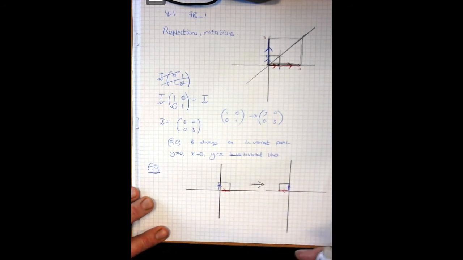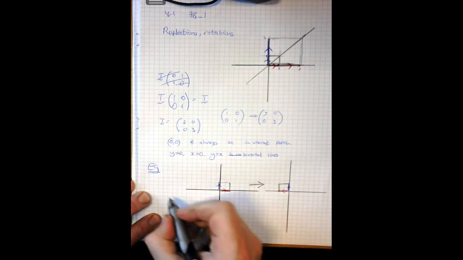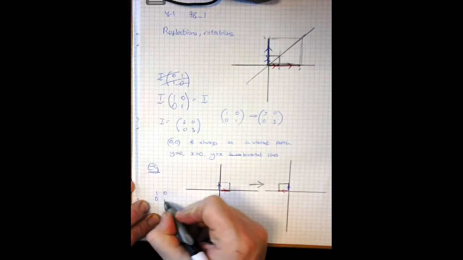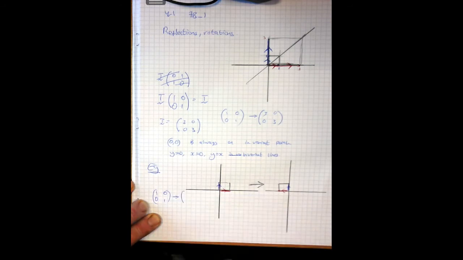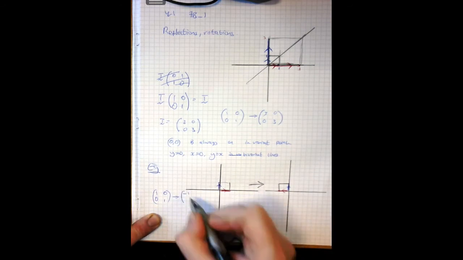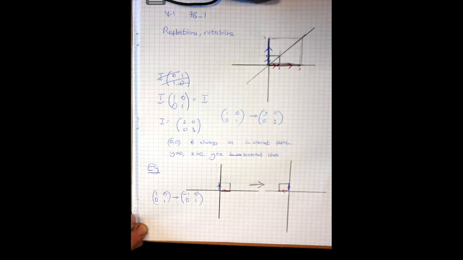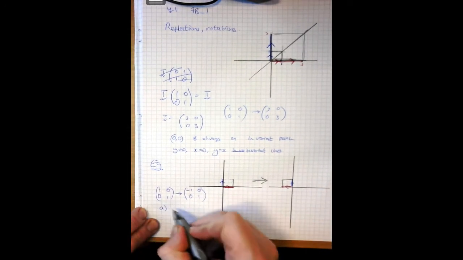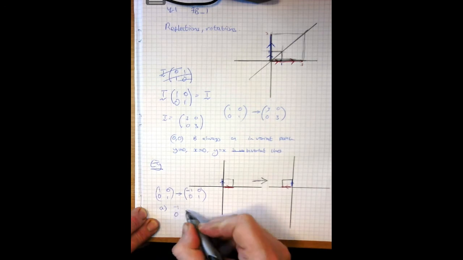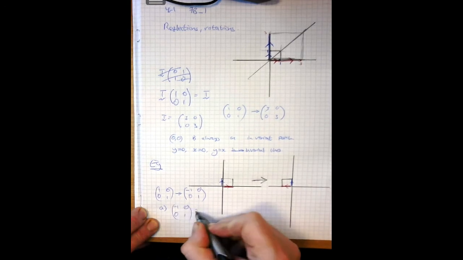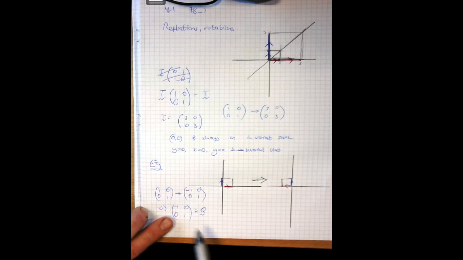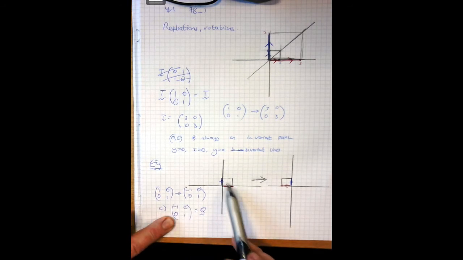So 1, 0, 0, 1 has transformed to minus 1, 0, 0, 1. So the transformation matrix Q is minus 1, 0, 0, 1. It's just the matrix of where each of those 2 points has ended up.